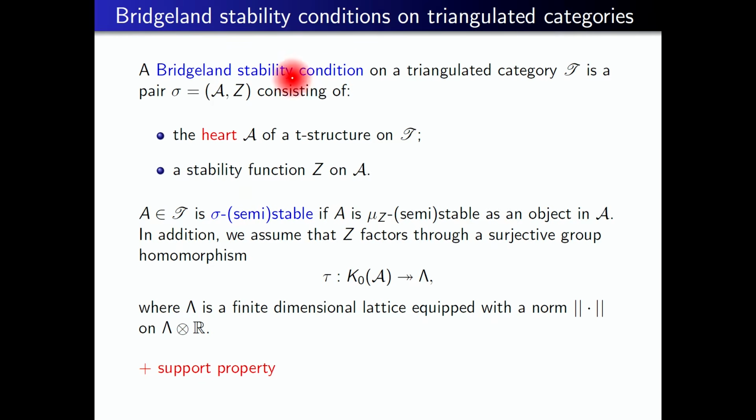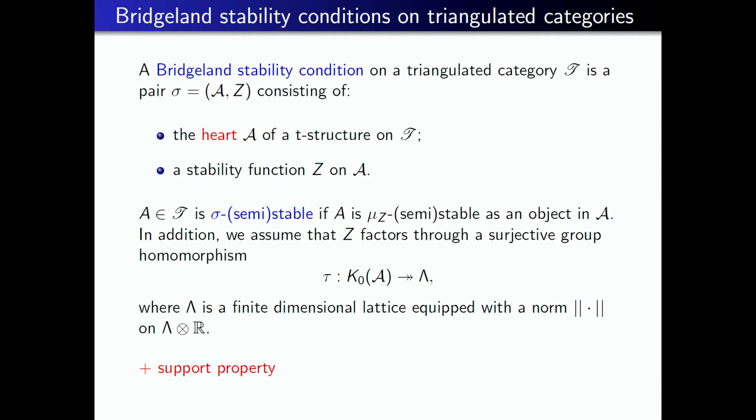So a Bridgeland stability condition will contain these two bits of information. One is an abelian subcategory inside the triangulated category, and the other is a stability function on this abelian subcategory. Right? For the stability function, you don't have to test all the objects in the whole triangulated category, but only those that lie in the heart.